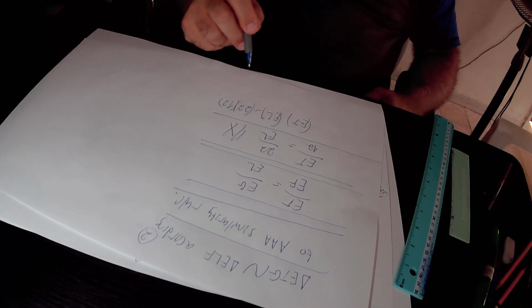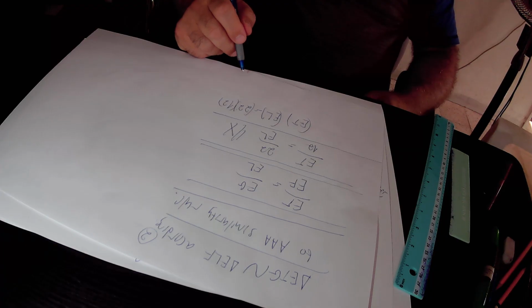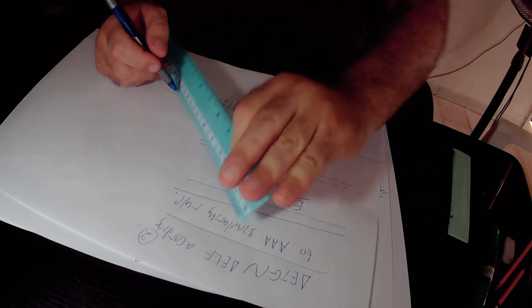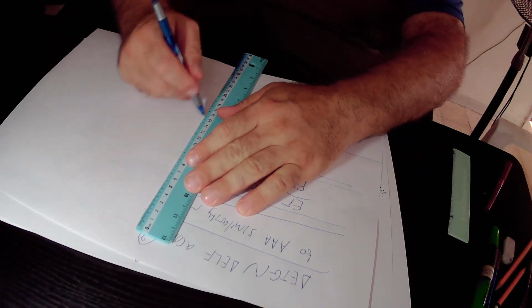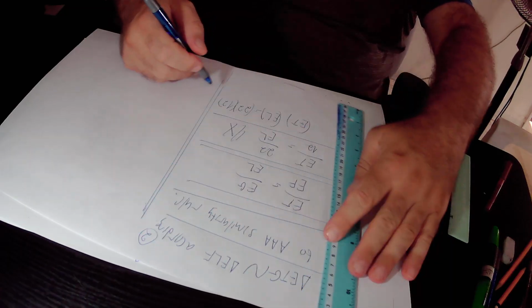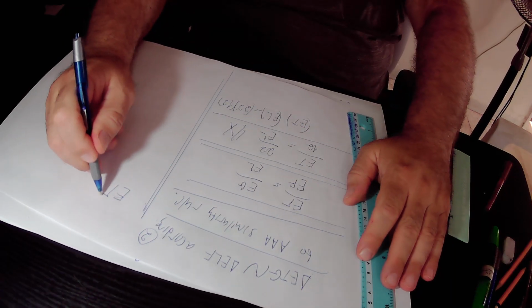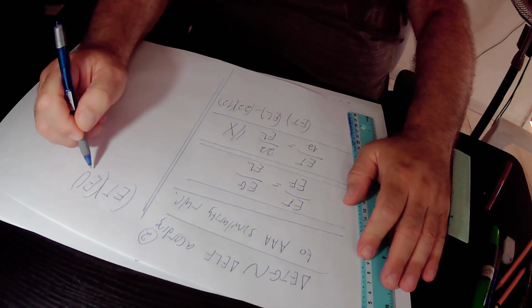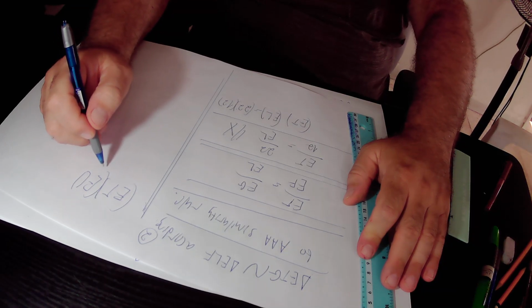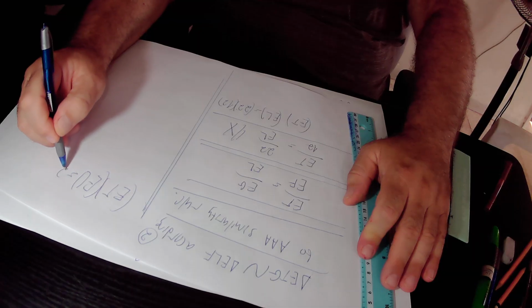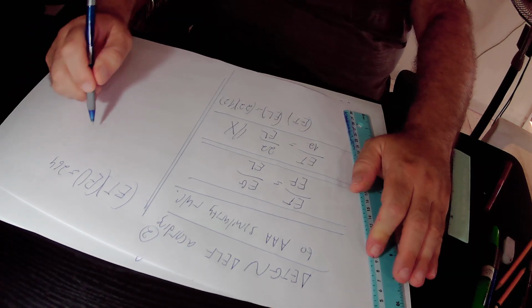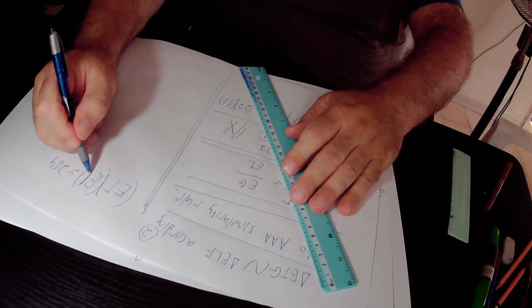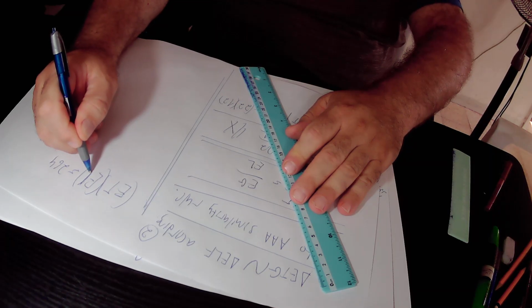Again, ET times EL equals 22 times 12. 22 times 12 is 264. So in total, we found that ET times EL is equal to 264.